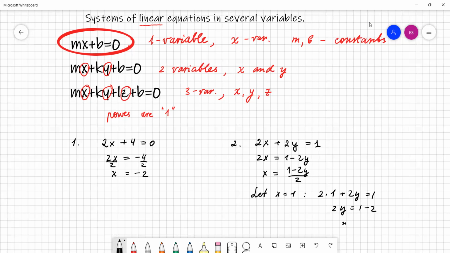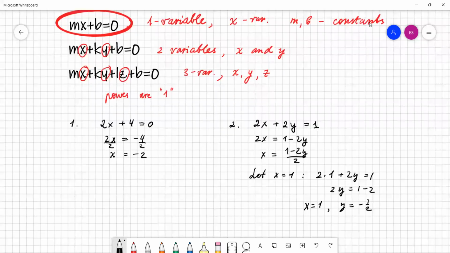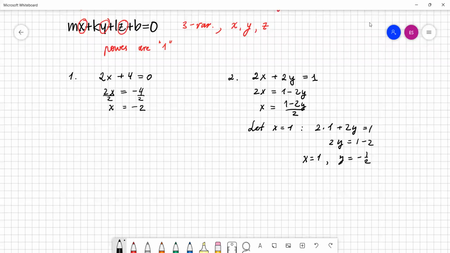I'm moving this 2, and y equals -1 over 2, right? We divide it. So we can find y if we do know x. So values are not totally arbitrary. So for x equals 1, y equals -1 over 2. But there can be more than one solution. If you set x equals 2, you are going to find a different y for it, and so on.